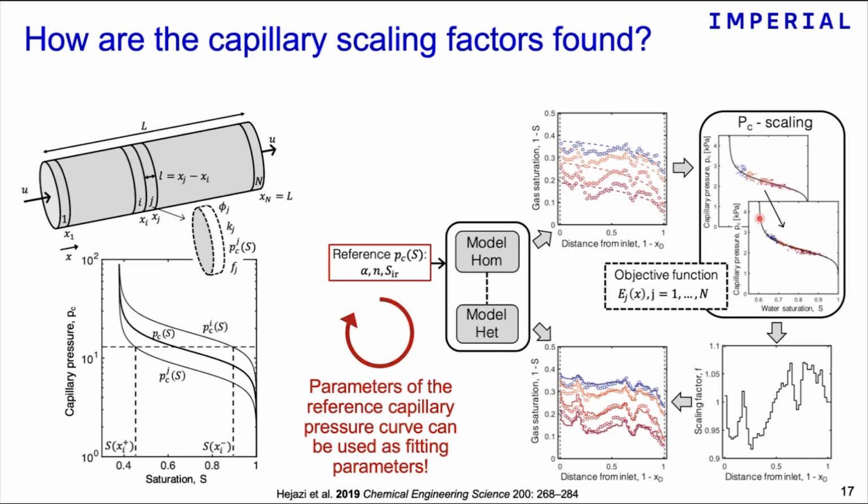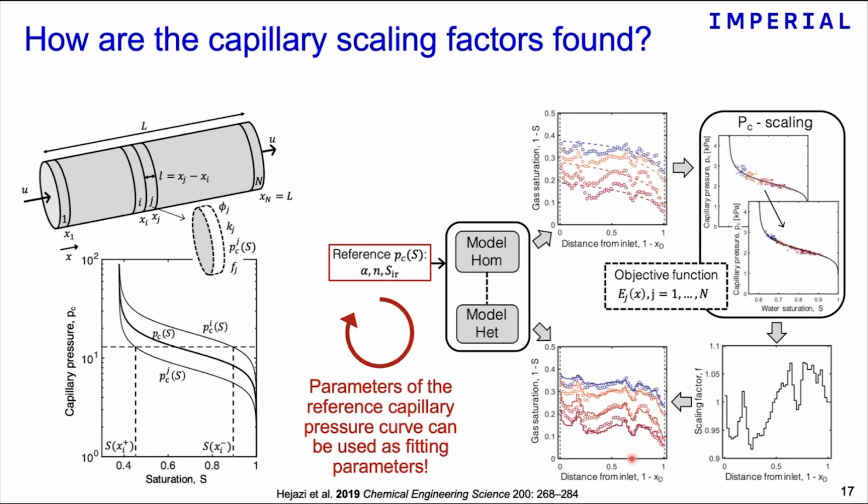Now, we also showed that you don't necessarily need to know the reference curve a priori, like I showed before, but you can actually use the parameters of the reference capillary pressure curve as your fitting parameters. So you can use this in an automated fashion, where you use your saturation profile and let the parameters of the reference capillary pressure curve be fitting parameters so as to obtain the best fit to your saturation profiles, right?